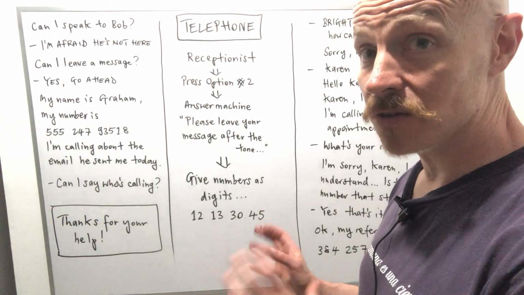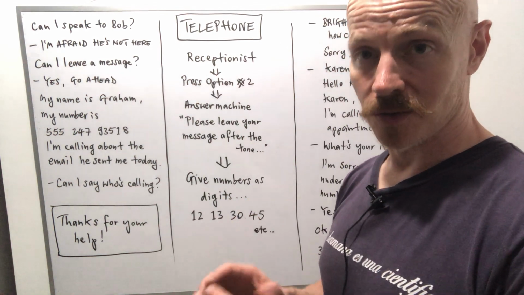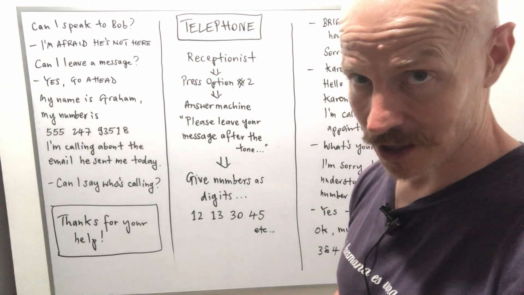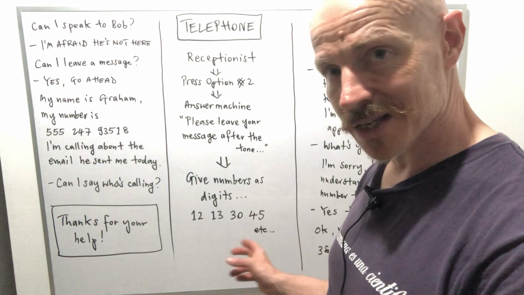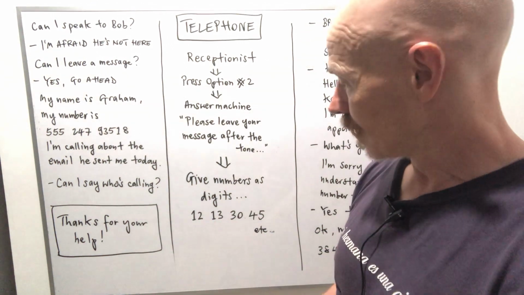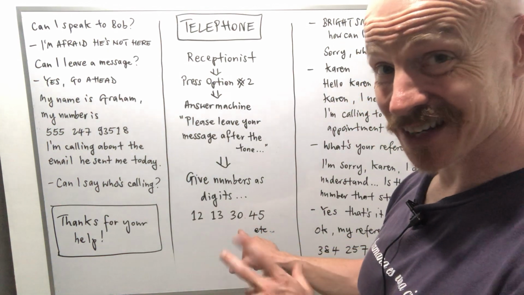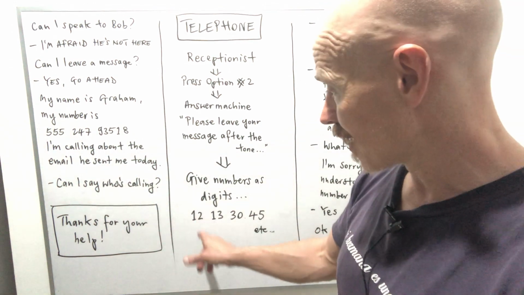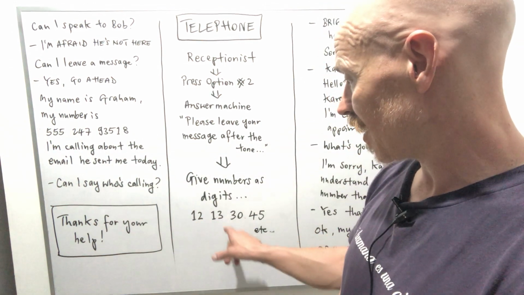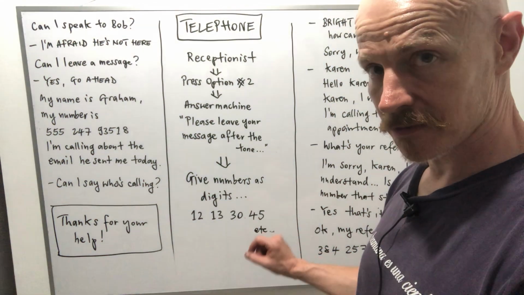To save confusion, because often people will mishear this and then you'll get the wrong number and they will never be able to ring you back, it's always better to give your number as digits. So instead of reading this as 12, 13, 30, 45, I would read that back as 1, 2, 1, 3, 3, 0, 4, 5.